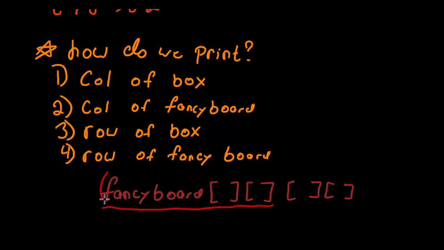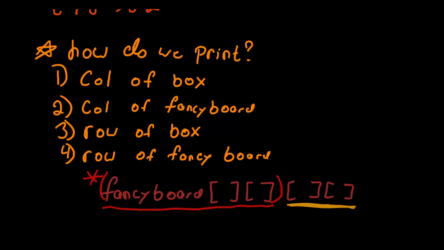So what we're going to do is put all this in parens and then dereference it, right? So that this gets us a pointer to our array. And then in here, these are going to be our indices for row and column of our pointer.